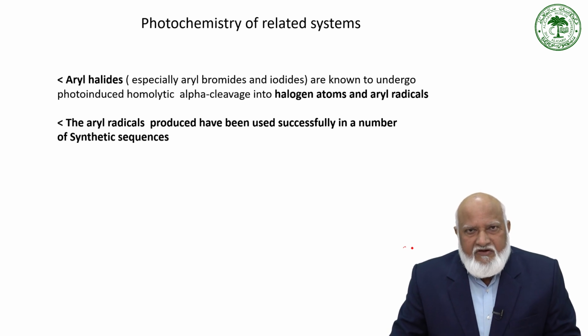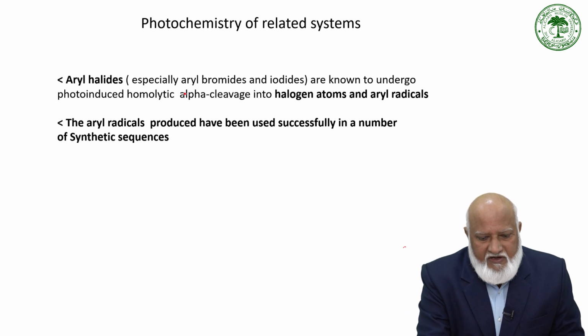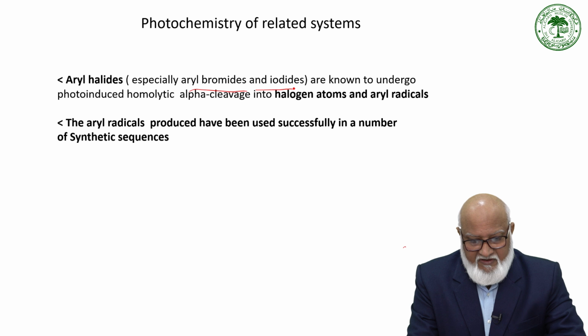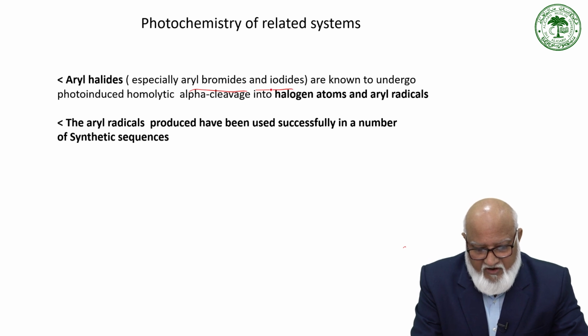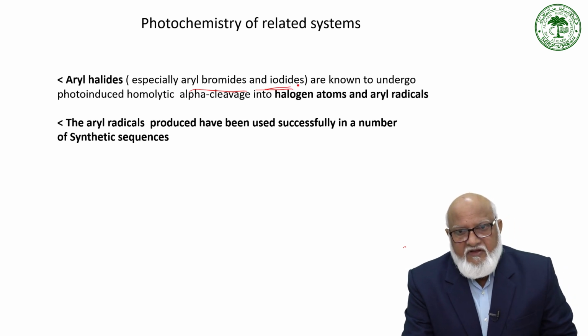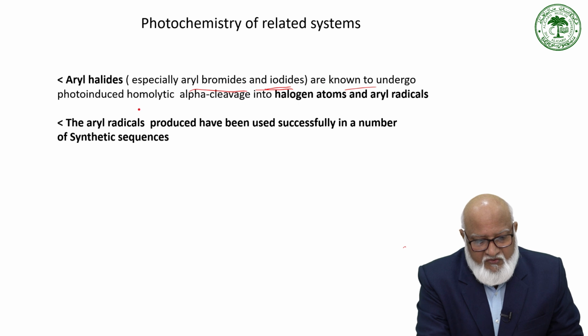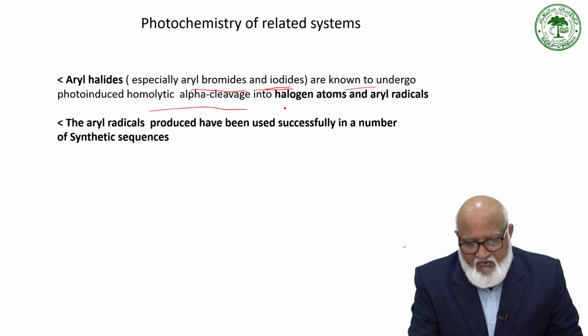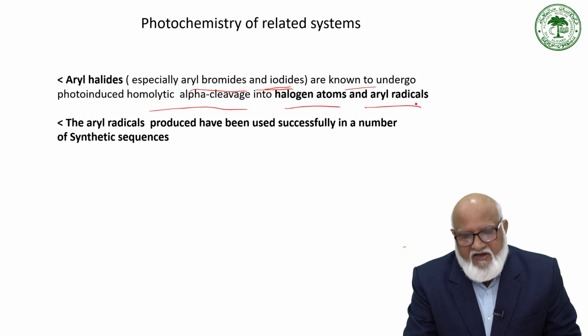It has been reported that aryl halides, especially aryl bromides and aryl iodides, are known to undergo photo-induced homolytic alpha bond cleavage, giving rise to a halogen atom and an aryl radical.